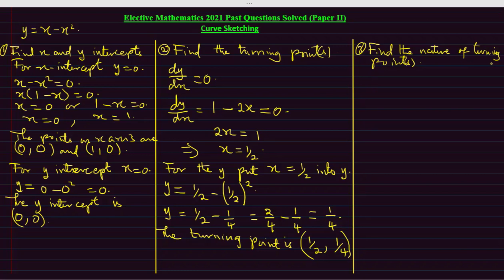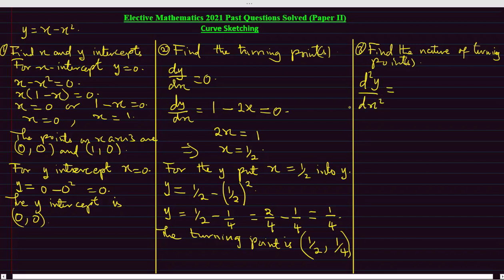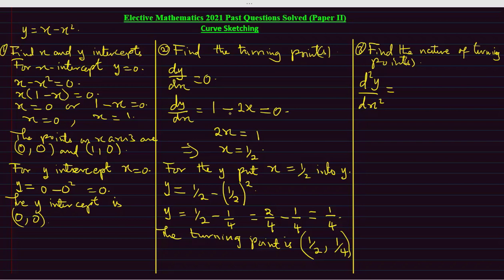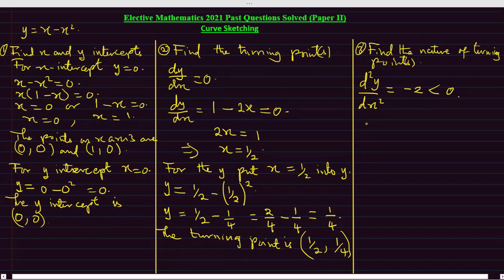Now we find the nature of the turning points, whether it's a maximum or a minimum. For the nature of the curve, we have d squared y over dx squared. Differentiating 1 will give us 0. Differentiating -2x gives us -2, which is less than 0.